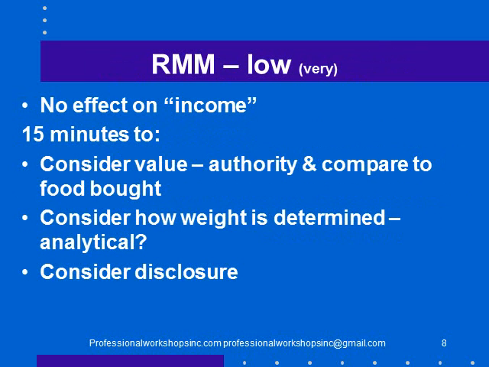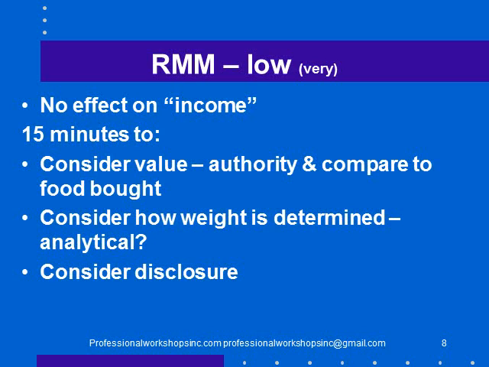So then we come to assess risk of material misstatement, and I think by now we're going to say the risk of material misstatement in the financial statements is low, very low. There's no effect on income because it goes debit and credit to the income statement. So I would say, and perhaps I exaggerate, but I think we should take 15 minutes to consider the value that they used. What's the authority? Is it an appropriate authority?